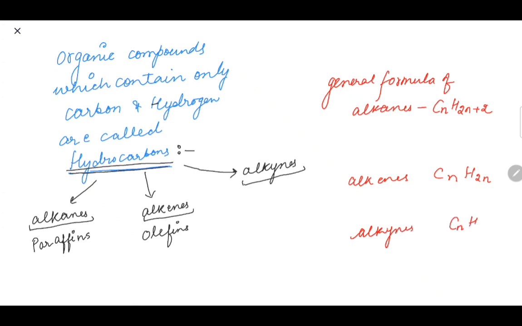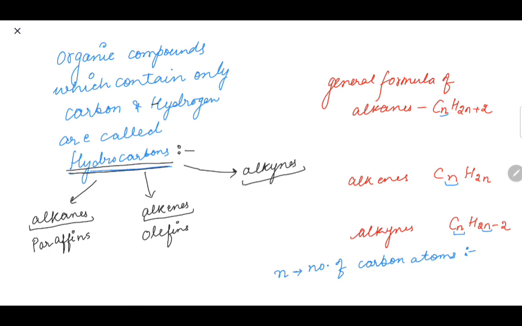So we would have CnH2n-2. Okay, so this n in every general formula means the number of carbon atoms. Right? So n in every example would mean the number of carbon atoms.